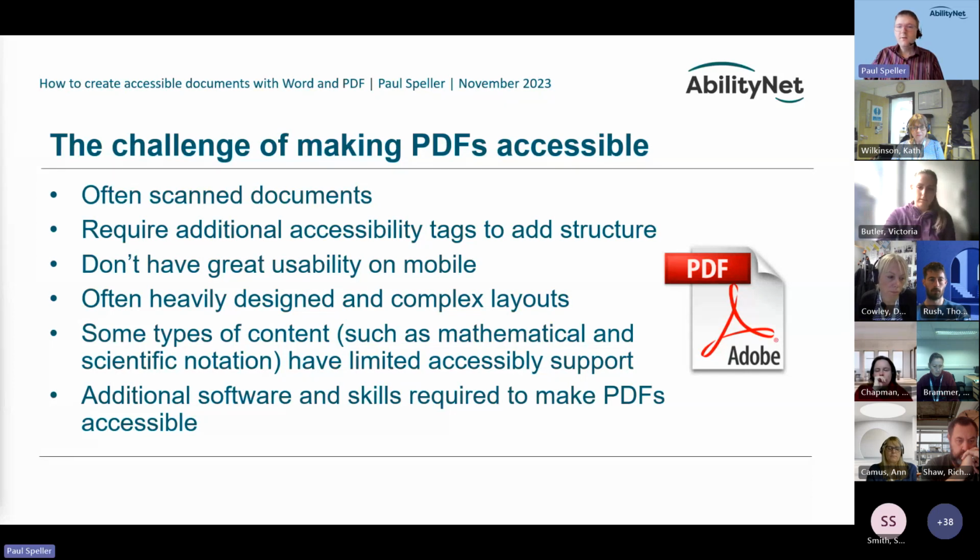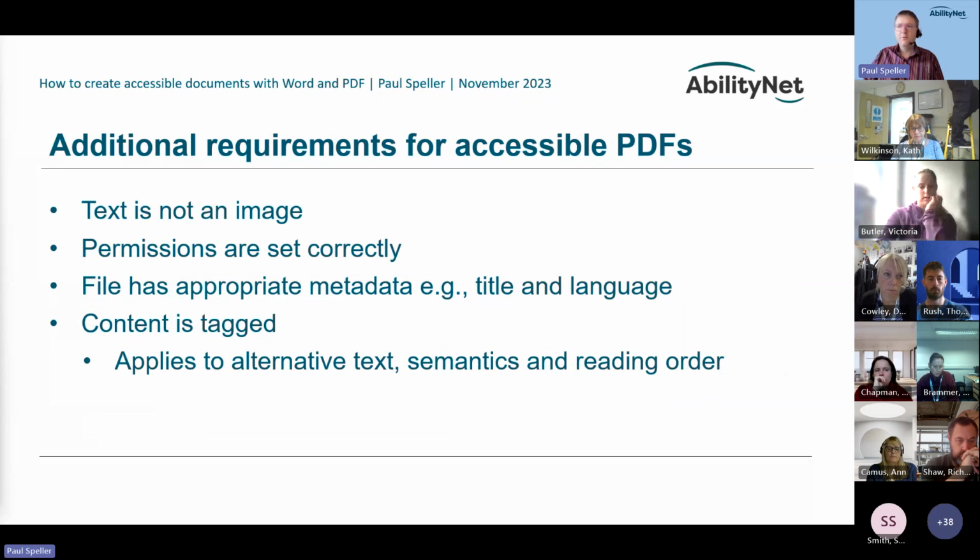So that's some of the challenges. And there are some additional requirements as well around metadata, making sure the content is tagged at all, and making sure the permissions are set correctly as well. There's a strange permission you can end up with on PDFs that just stops them being accessible completely, which is quite annoying that exists, but there you go.